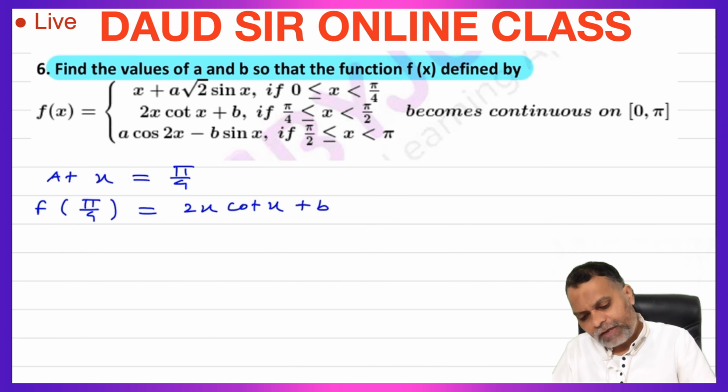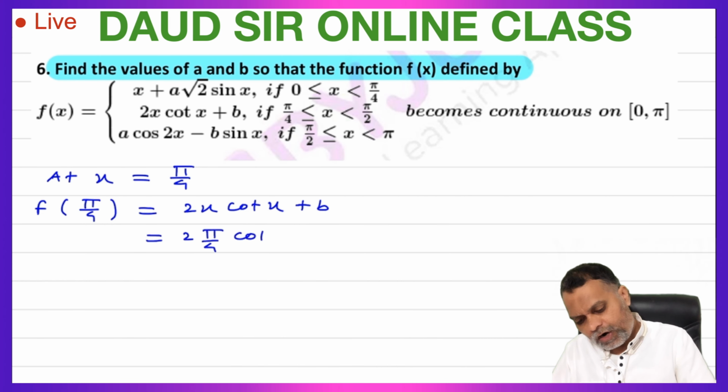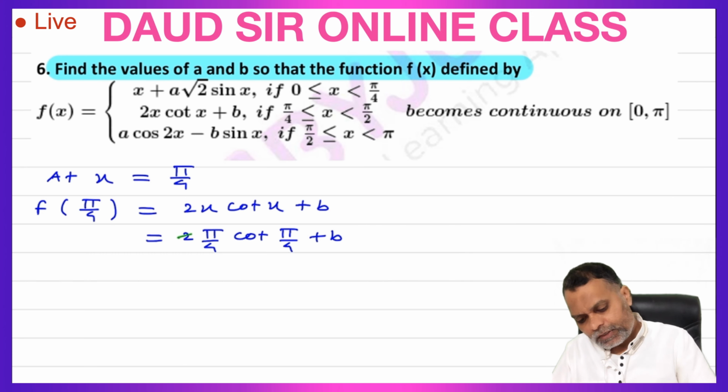Substitute x is equal to pi by 4, so 2 into pi by 4 cot pi by 4 plus b. Simplify this: 2 and 2 are 4.